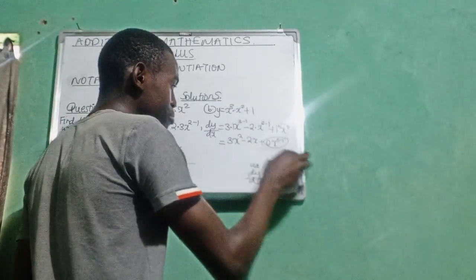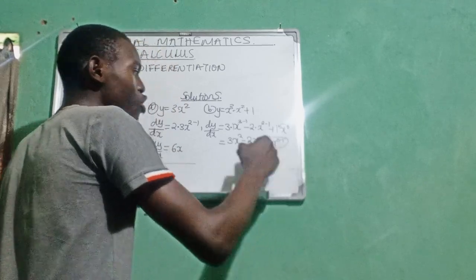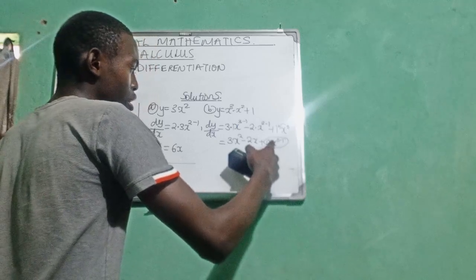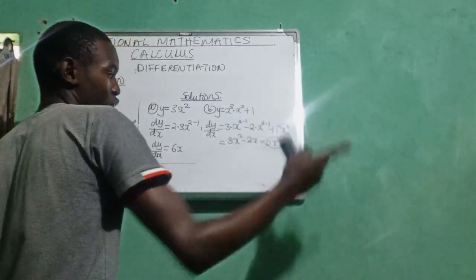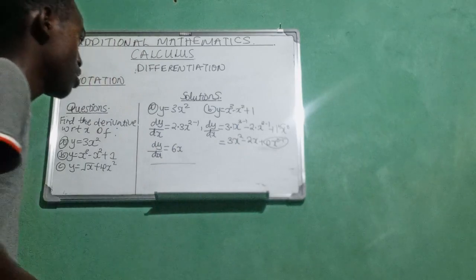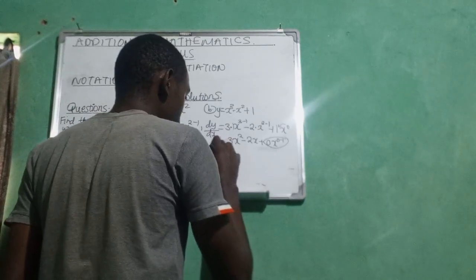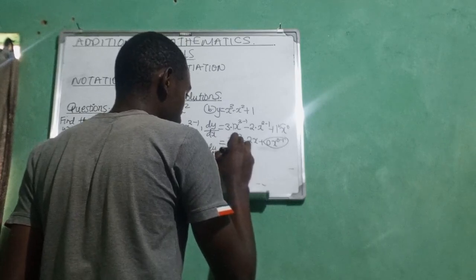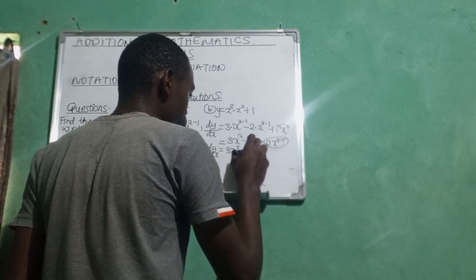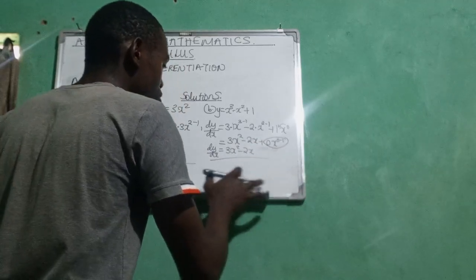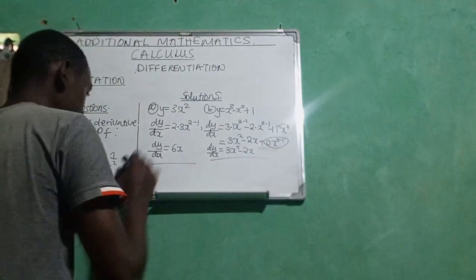The 0 will be multiplied by the 1, and then the 0 multiplies everything. Even if you're saying this might become x to the power negative 1, 0 times x to the power negative 1 is just 0. So your final answer would be dy dx is equal to 3x squared minus 2x. And this is what we found in the prior video using the first principle.